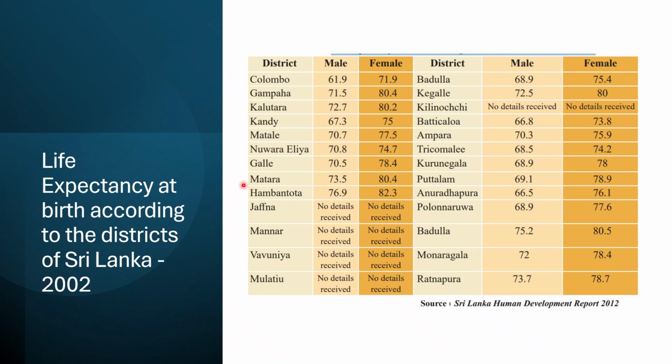District Galle, and for male we have 70.5, and for female we have 78.4, and that is practically the rest of the table. The next parts are the rest of the districts, Badulla, Trincomalee and so on. It's the same thing, divided into male and female.